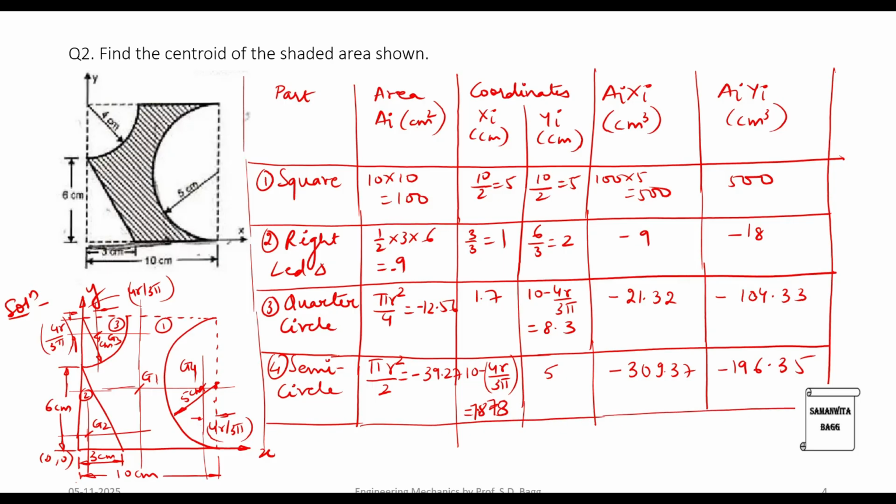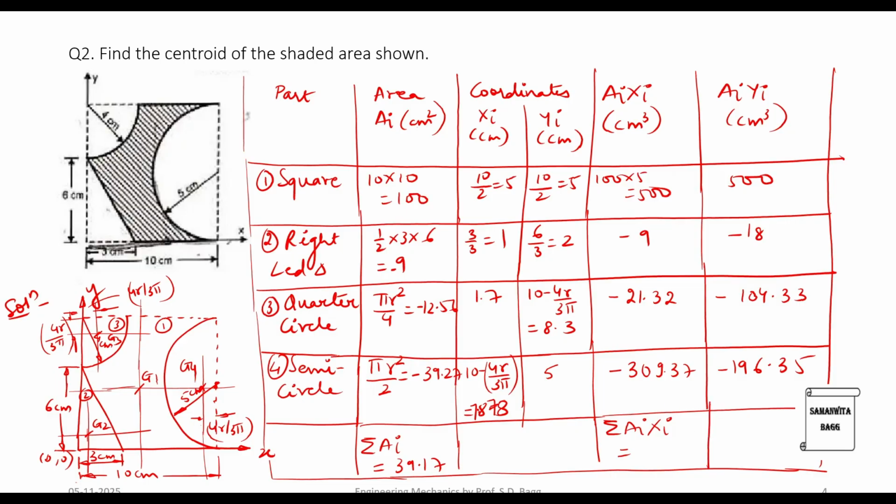So once this is done, we will calculate summation of AI. So now you can see very easily without the use of a formula, you just have to go with the plus and the minus sign and you get the answer of summation of AI. This value stands at 39.17. Then we have to calculate summation of AIXI.